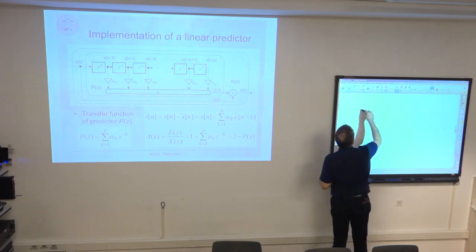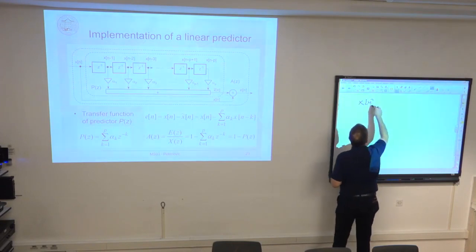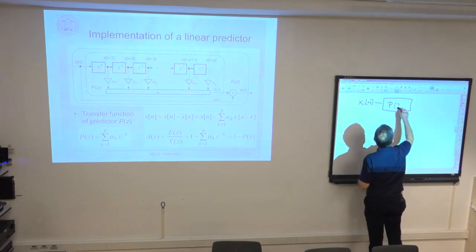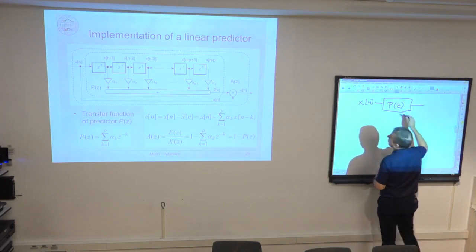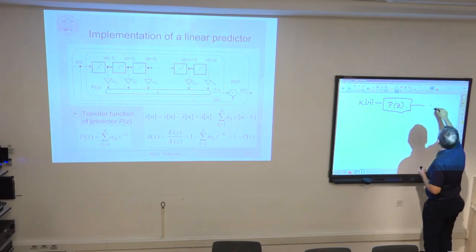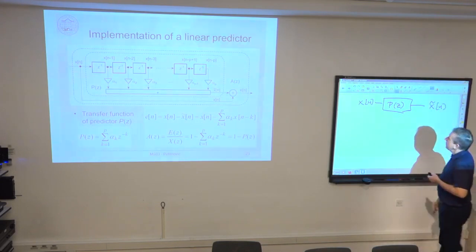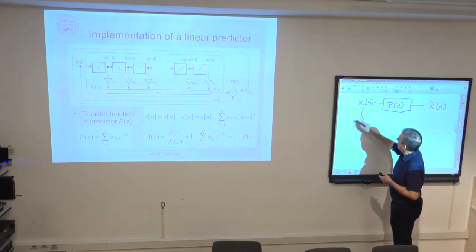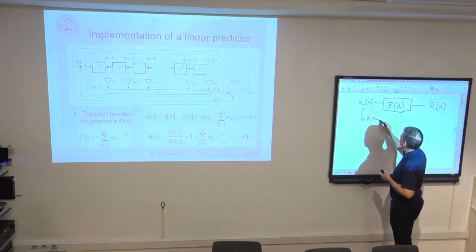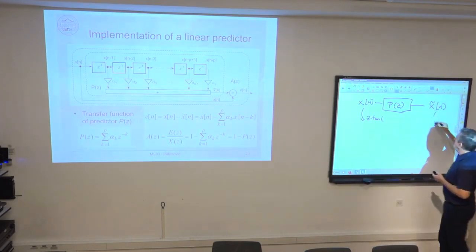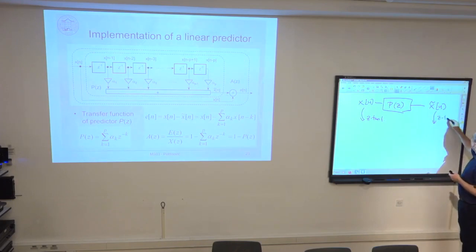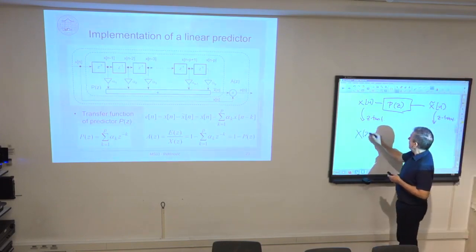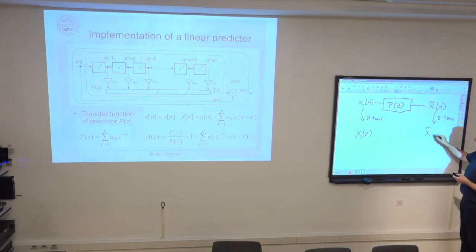How do I solve it? So let's say that I have in time domain x of n, and that goes into a system P of z, and we have the output x tilde of n. If I convert this signal to Z domain, as well as this one, I would have x of z, and I would have x tilde of z here.